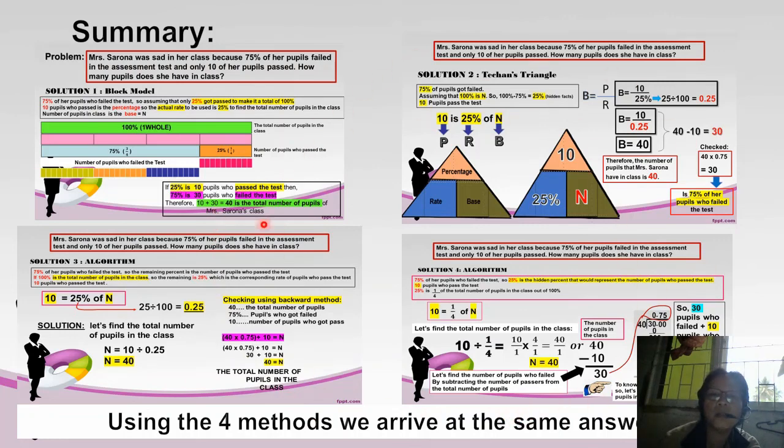We found out that the total number of Mrs. Arona's class is 40. And we also found out that the hidden fact, which is 25%, is actually the 10 pupils who got passed from the test. Okay? So using these four methods, we arrive at the same answer.